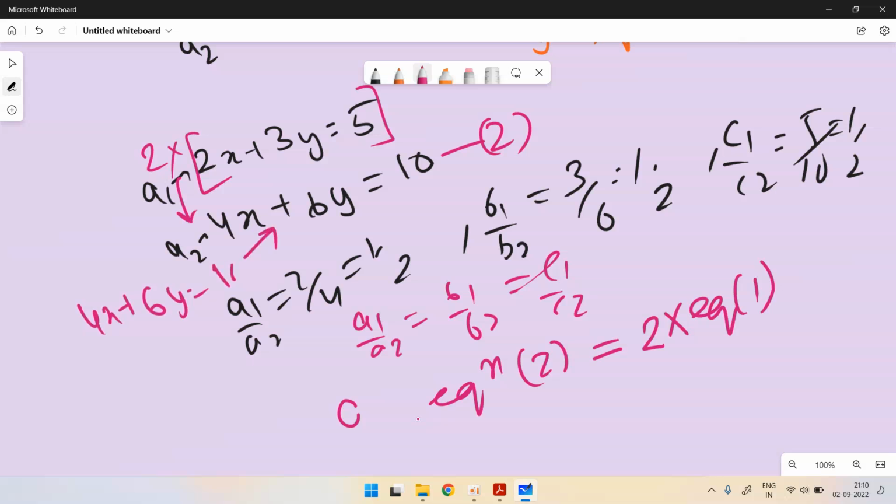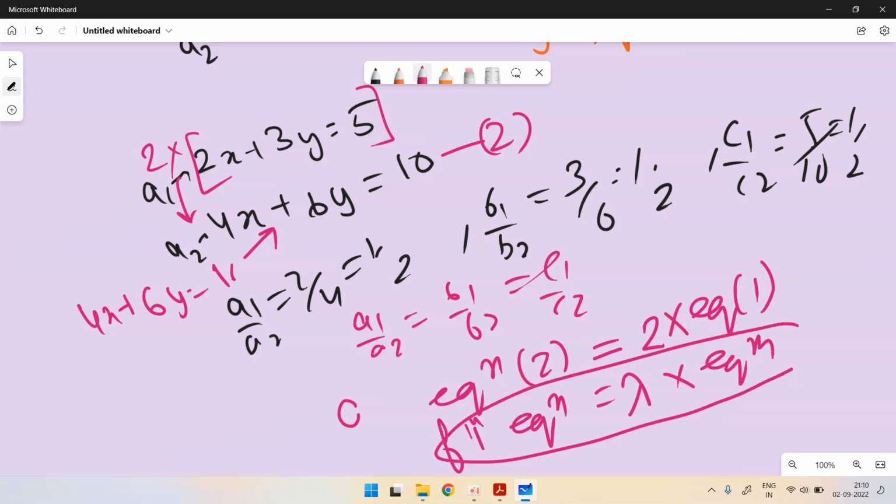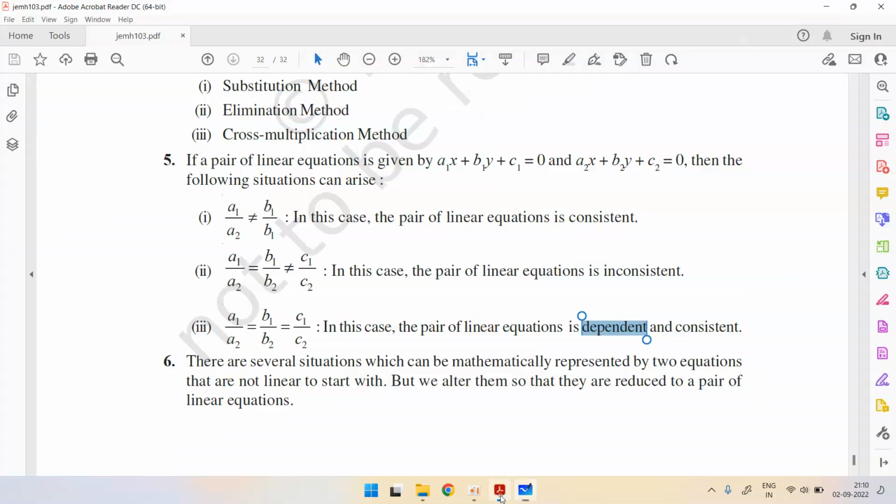These are equal. In general, if any one equation is lambda times the other equation, then these are called dependent. This is dependent on lambda. So this is why I am writing this is dependent and consistent. There are infinitely many solutions, and this is known as a dependent and consistent pair of linear equations in two variables.